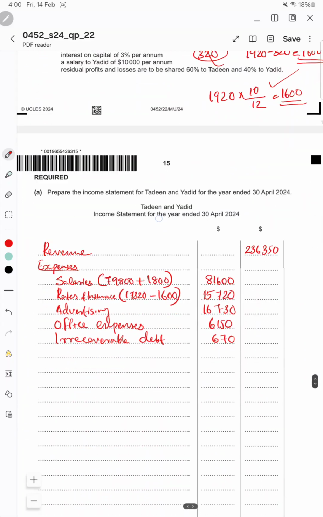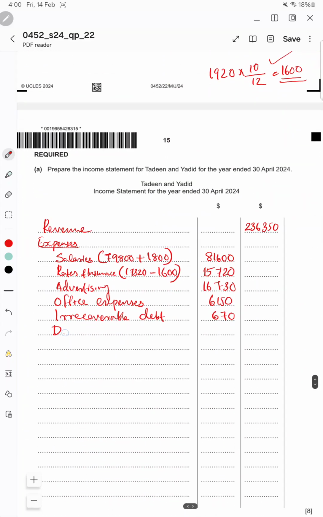Take it as an expense, depreciation of fittings and equipment. It will be 70,000 multiplied by 15 percentage, you will get 10,500, isn't it? 10,500.